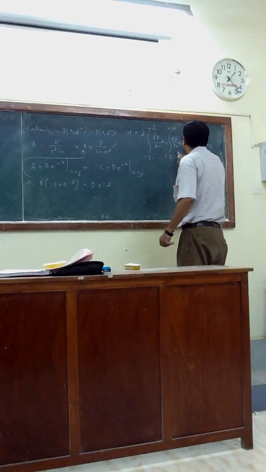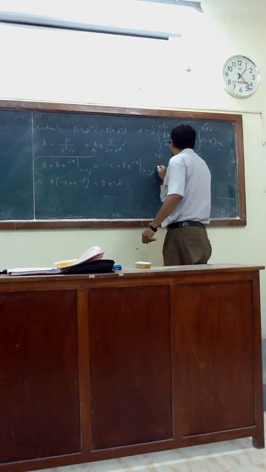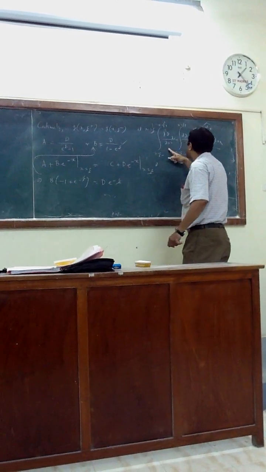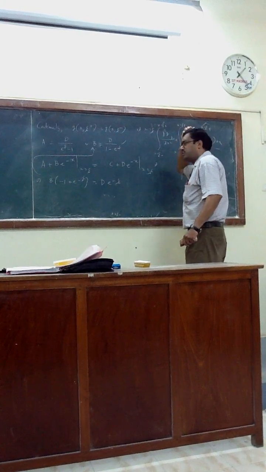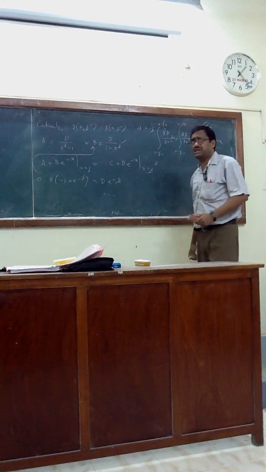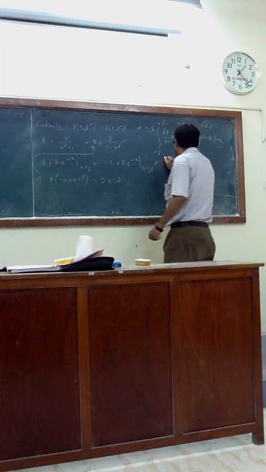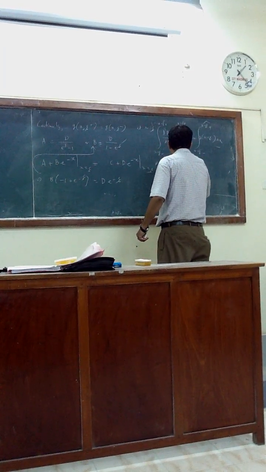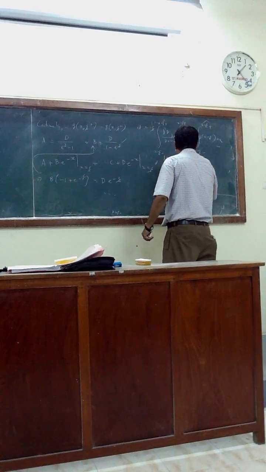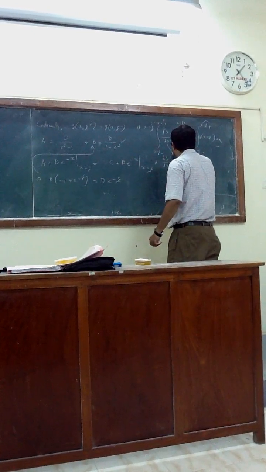What do you get? The term is d/dx of dg/dx dx, which means the differential of dg/dx. That gives dg/dx at x equals z plus minus dg/dx at x equals z minus. This term will give that.